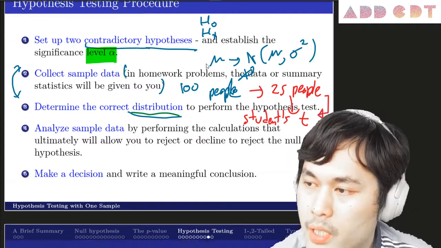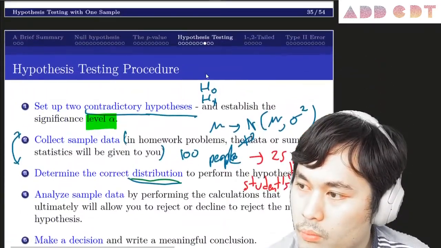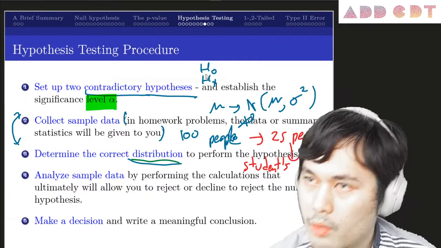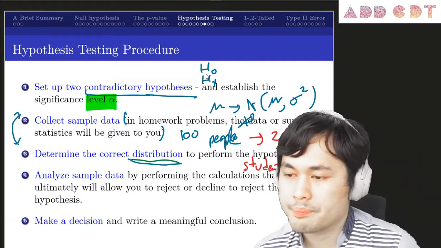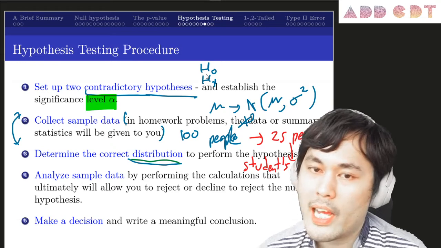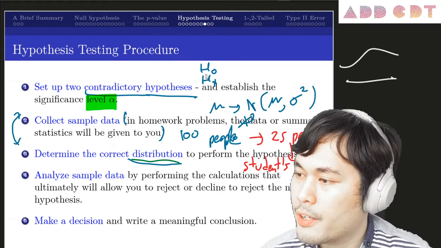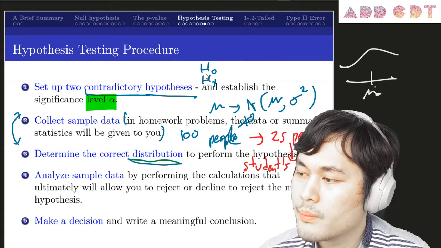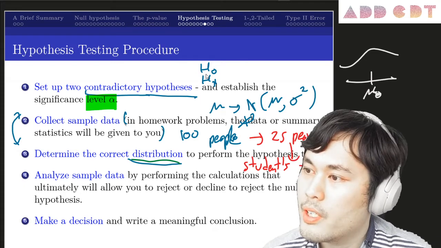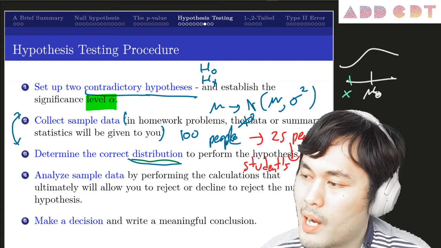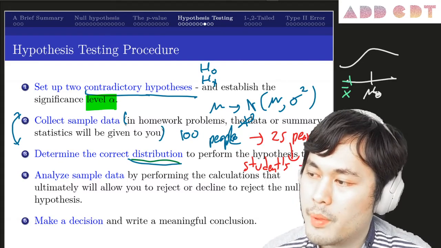I think you saw that here. Maybe it was up there. So once you know what kind of distribution it is, then you can draw a graph yourself. You get a mu0 here. You get x bar from the sample.